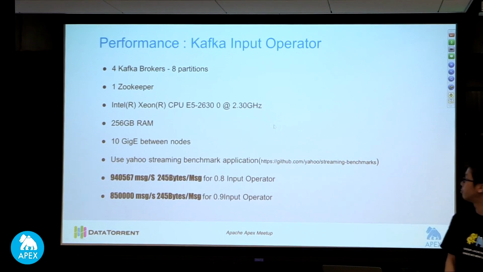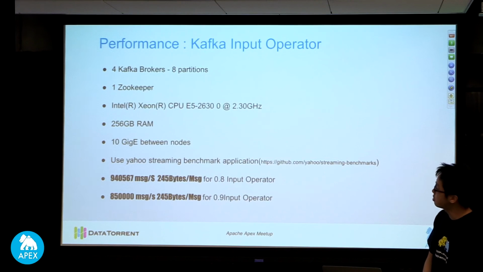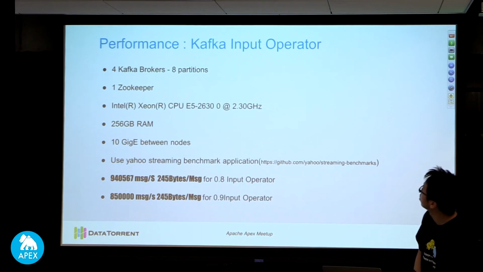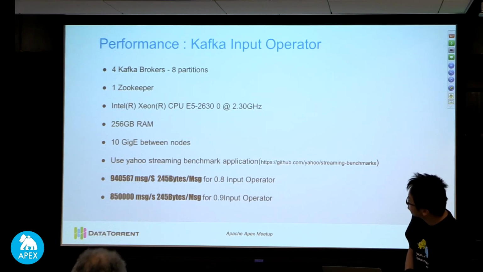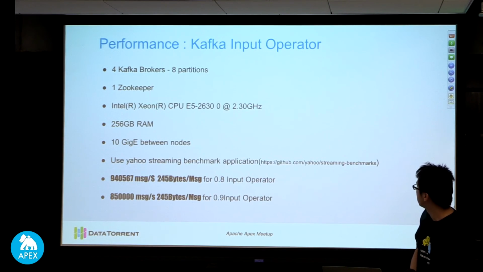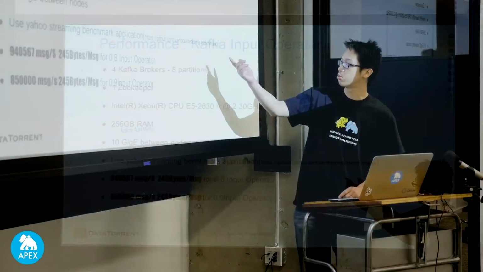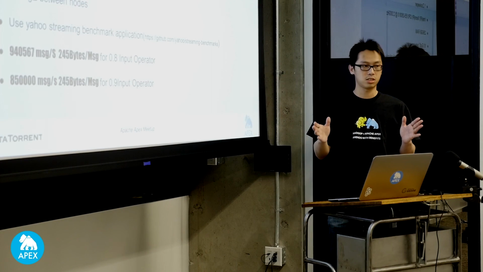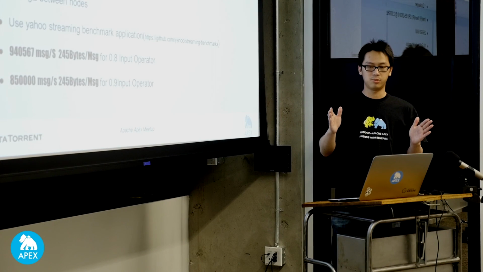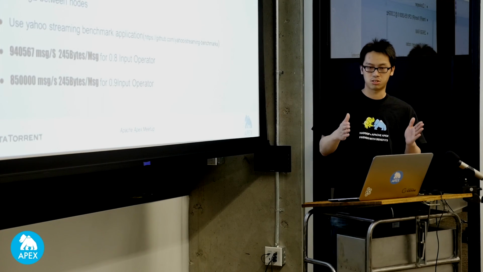And also we did some performance benchmarks for our Kafka input operator. Those benchmark applications are based on the Yahoo streaming benchmark. The Yahoo streaming benchmark defines some processing logic, and different platforms implement the business logic in different ways.